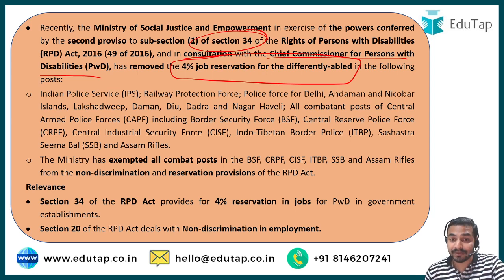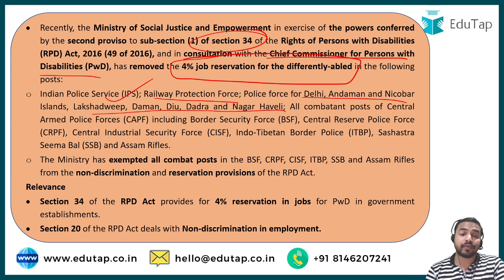And what exactly are these posts? These posts are for the IPS, the Railway Protection Force, and the Police Force for Delhi, Andaman and Nicobar Islands, Lakshadweep, Daman and Diu, Dadra and Nagar Haveli. Apart from that, the combatant posts of the CAPF, including BSF, CISF, CRPF, ITBP, SSB and Assam Rifles, have been included, from which the 4% job reservation for the differently abled has been removed.